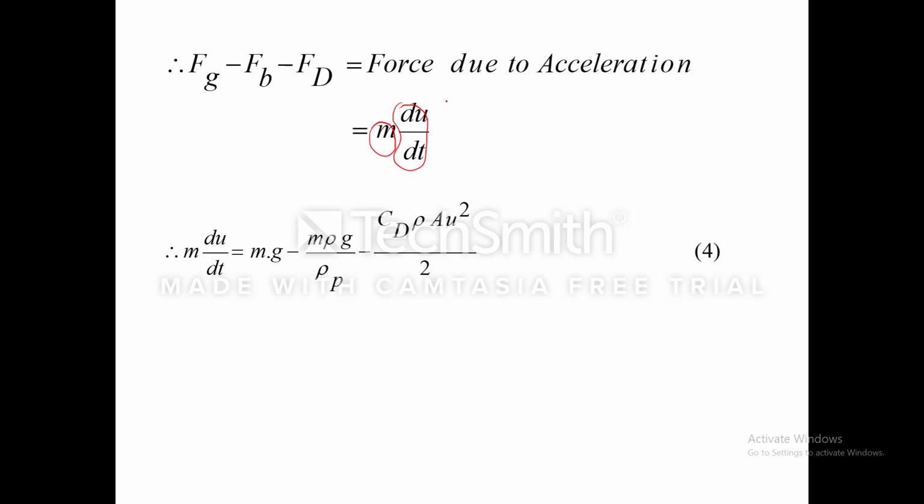So m du over dt will be equal to mg minus m times rho times g over rho p, minus Cd rho A u squared over 2.